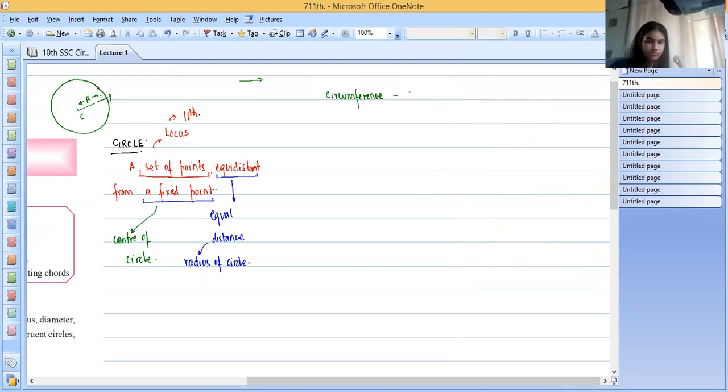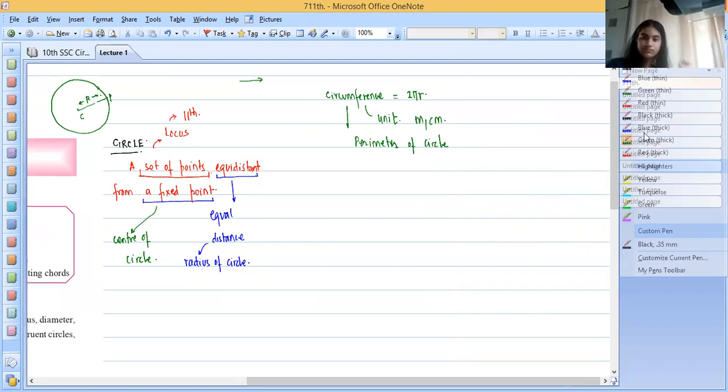What is the circumference of a circle? 2 pi r. What is the unit of circumference? Meter or centimeter. Because circumference is basically the perimeter of the circle.